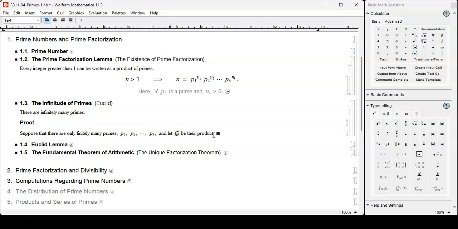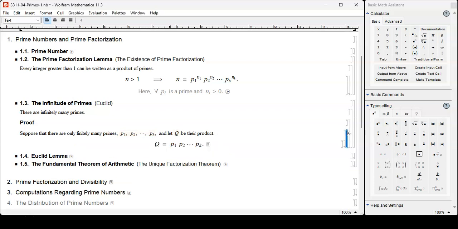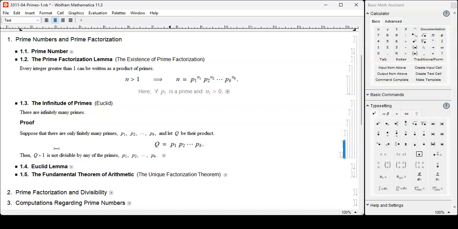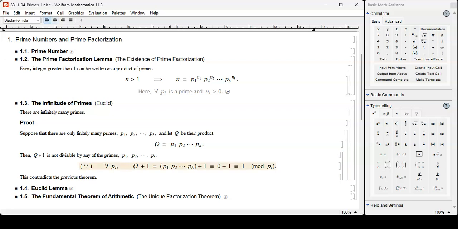Multiply them all and call it capital Q. And let's consider Q plus 1. Q plus 1 is not divisible by any of those primes, p1, p2, p3, and so on, because of this modulo operation. Q plus 1 is this product plus 1, but this product is 0 modulo pi because pi belongs to this multiplication.